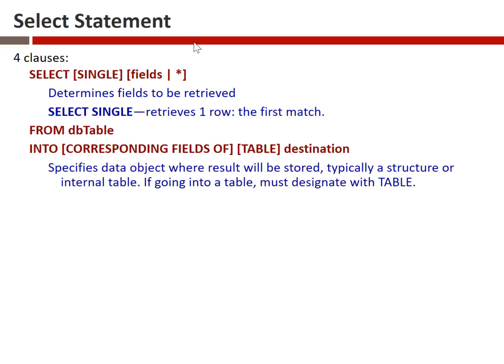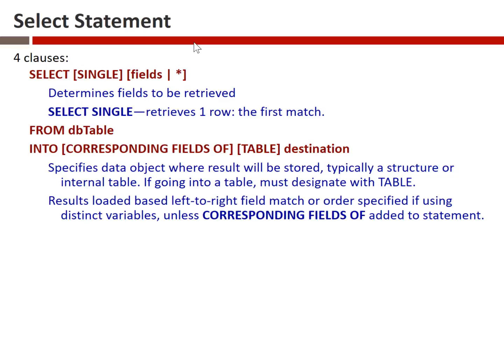The key here is, if it is going into a table, you've got to be careful to use that keyword table. It's very, very easy to write select star from database table into internal table. And when you do that, you've just caused a problem because you're going to have to put into table there to have it operate the way that it needs to operate. As we have observed previously, the results will be loaded into the destination structure or table based on left to right field match.